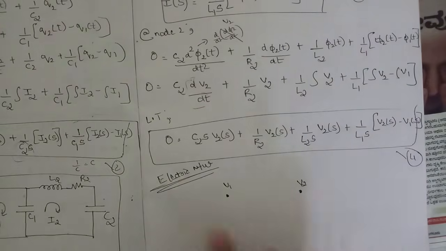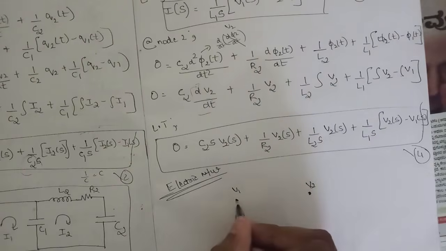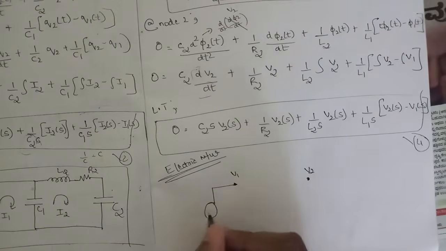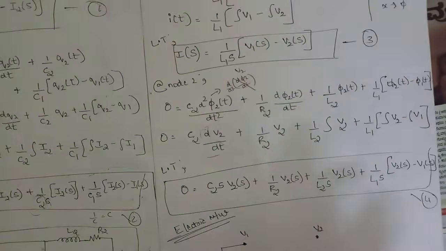And since we have two voltages, the first thing we need to mark is, we know that in FI analogy we have a current source. In FV analogy we had a voltage source, right? In FI analogy we have a current source. First mark that current source, and after that check the equilibrium equation, the first one.